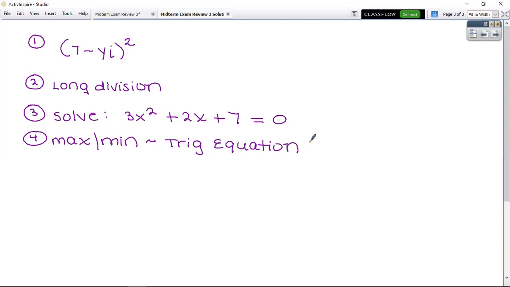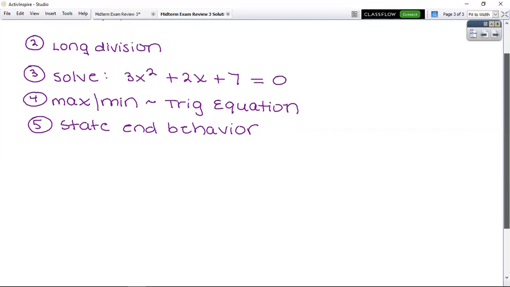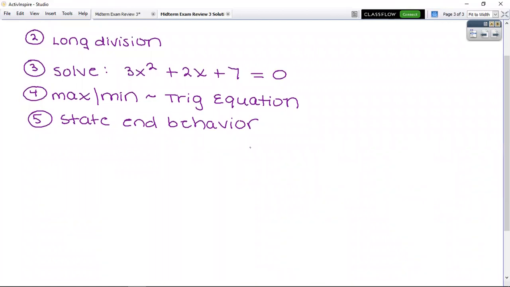Let's do an end behavior. I'm going to say this. I want you to do this one for sure. So state end behavior. Okay. In order to do end behavior, you must have a graph. So you need a picture.